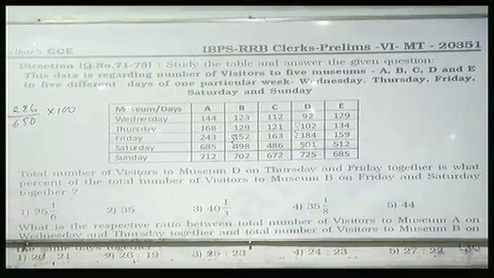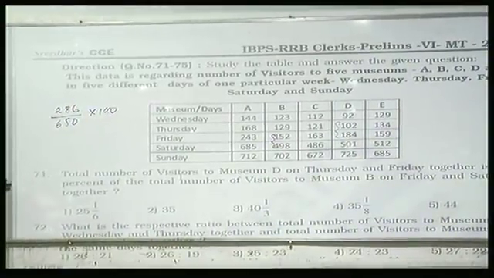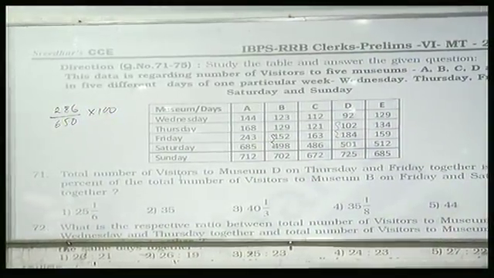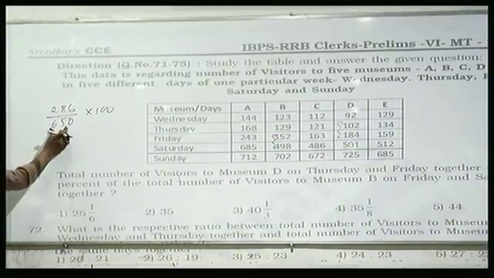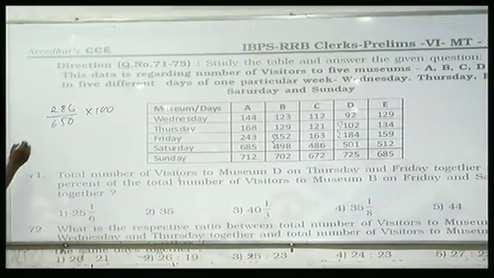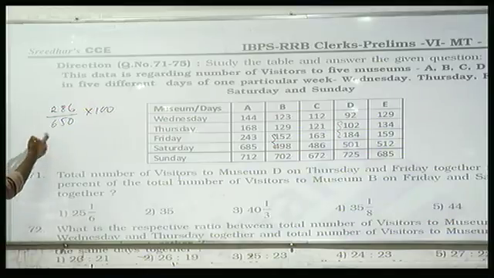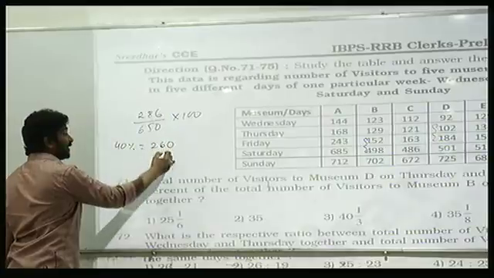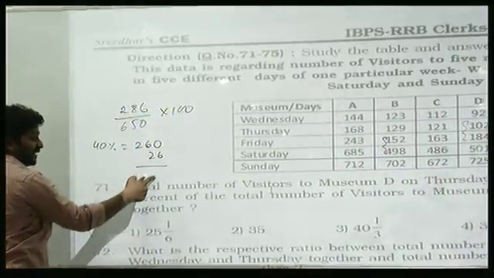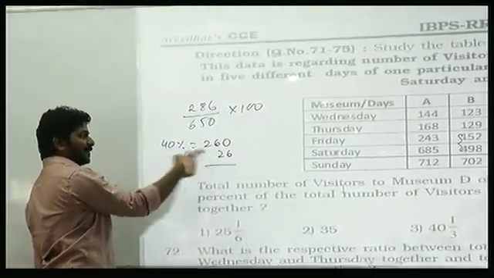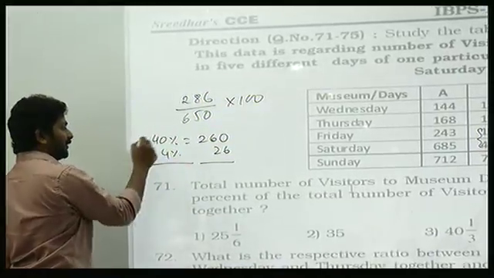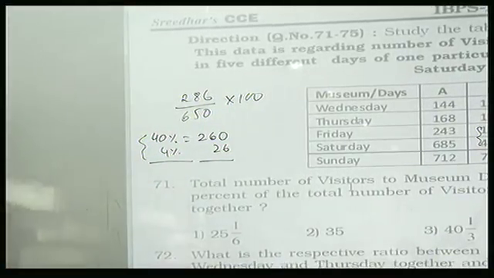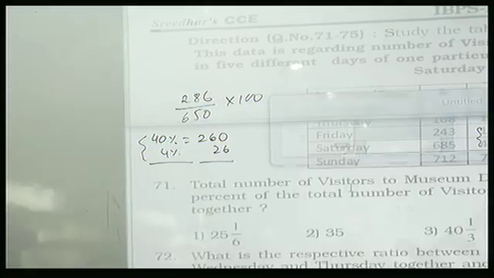So into 100. Look at your options: 25, 35, 40, 35, 44. Now, what about 10%? 20%? 130. 40%? 260. Still you need to add 26 to make it 286. Yes or no? If 260 is 40%, 26 is 4%. Total 44%. Next.